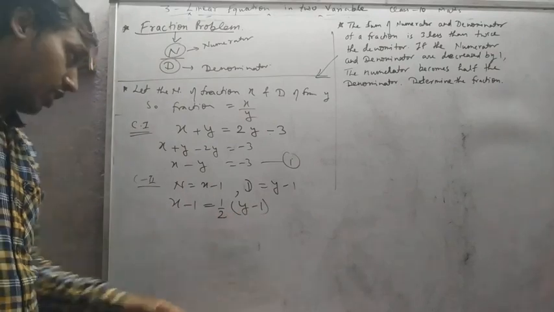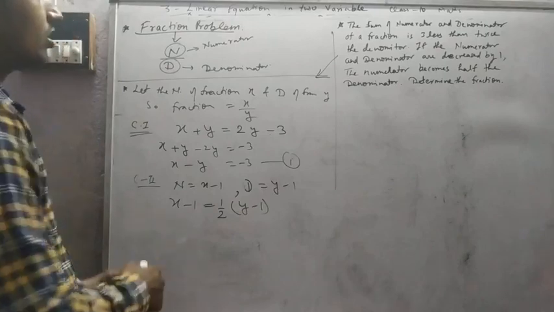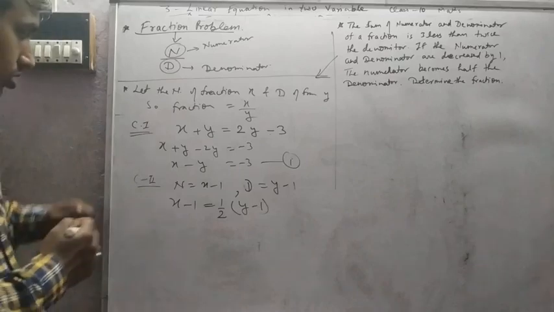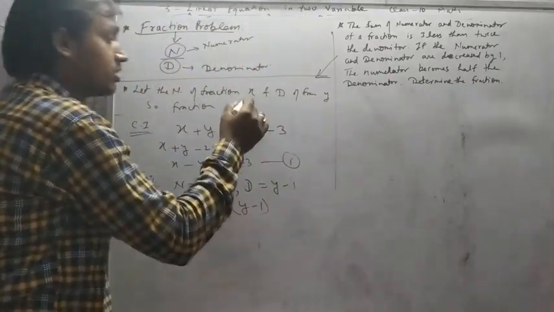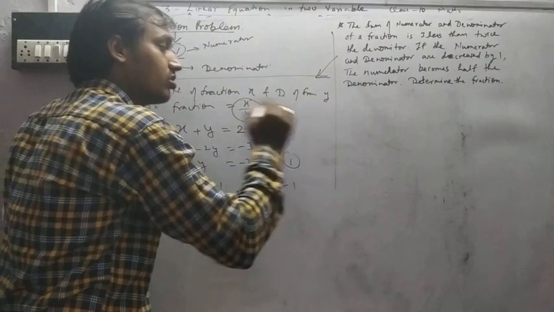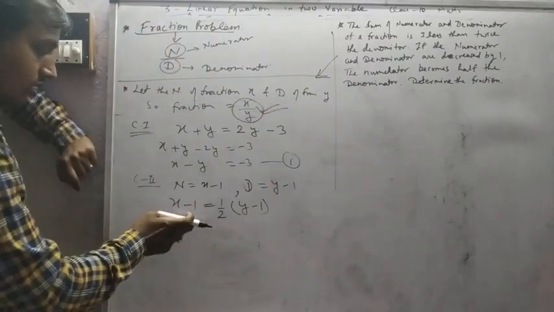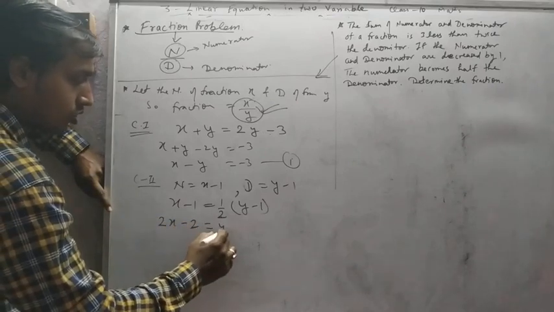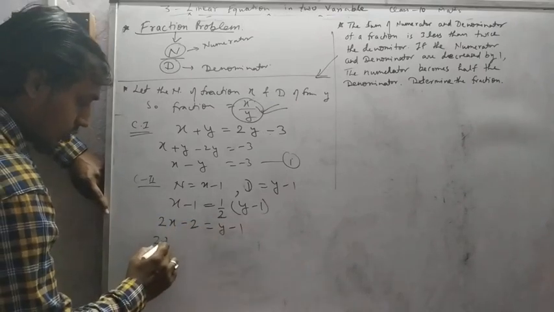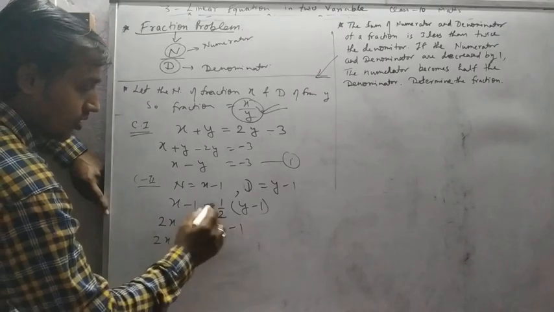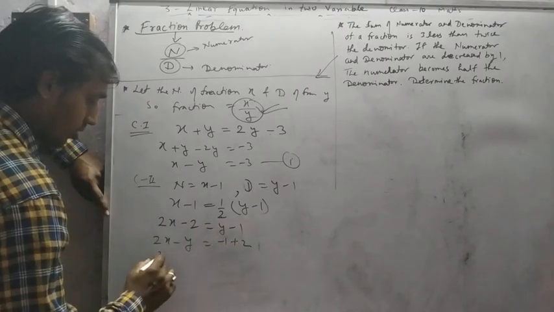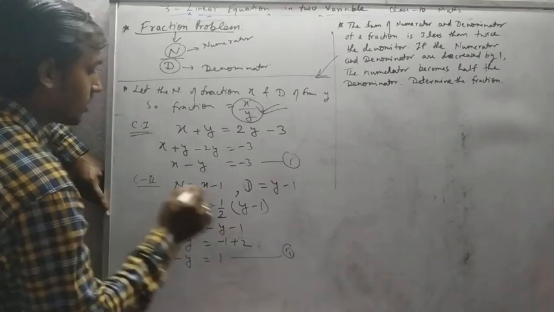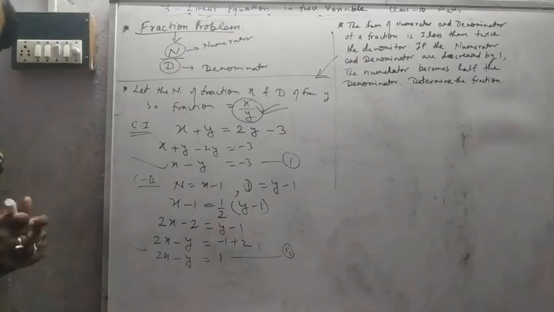For this case, in this question there is no use of x upon y, so we can't use it. But determine the fraction means you want this, so first we find x and y. Firstly, cross multiply. 2x minus 2 is equal to y minus 1. 2x minus y is equal to minus 1 plus 2. So 2x minus y is equal to 1. Equation number two.